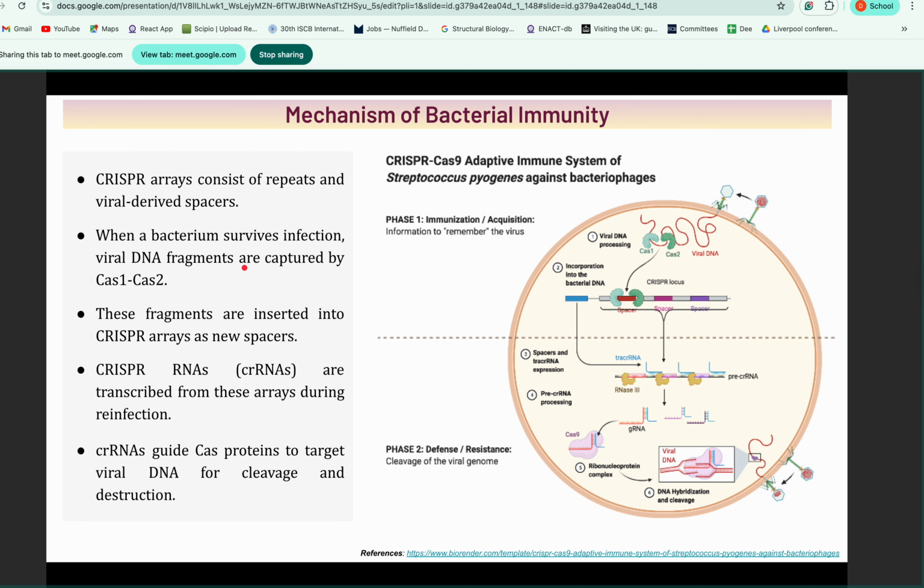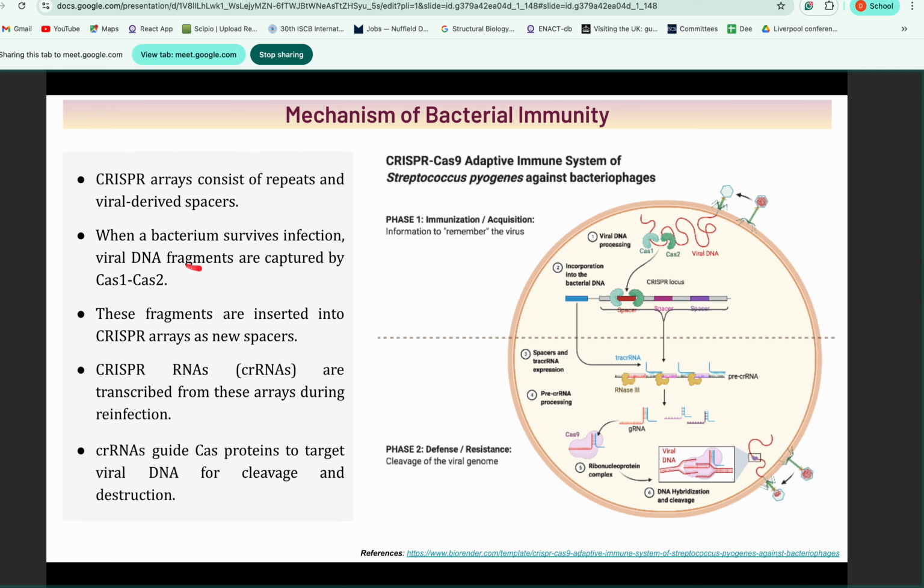Because a virus is attacking the bacteria, in many cases the bacteria might die because the virus will compromise the needs of the bacteria. The bacteria might not get enough nutrition for itself, so it might die. But for the bacteria which survive this infection, the viral DNA will be integrated into the bacterial DNA, because that is the nature of how viruses attack bacteria.